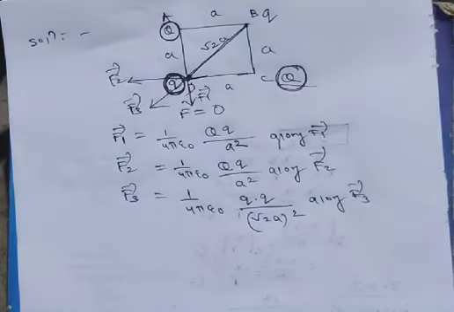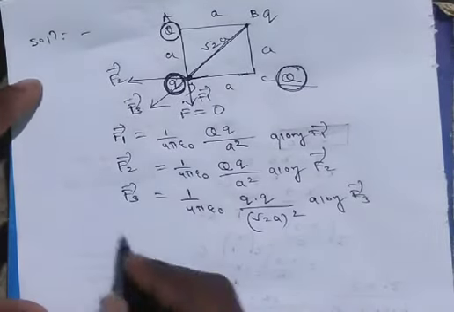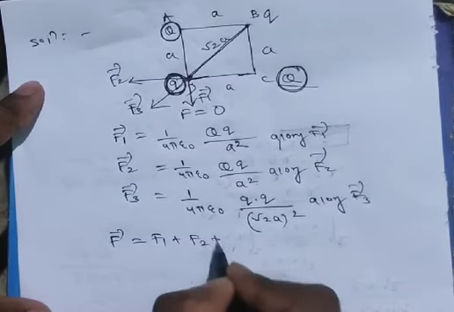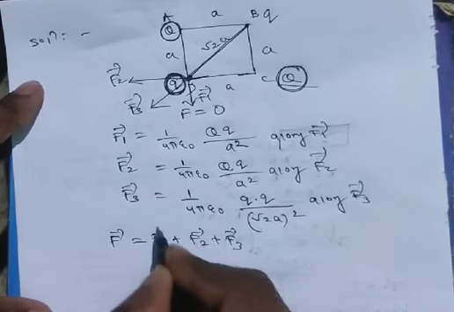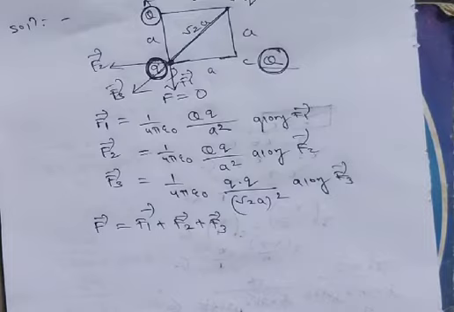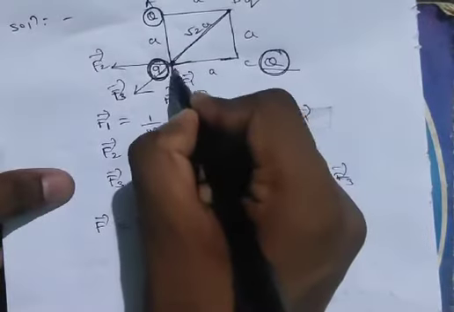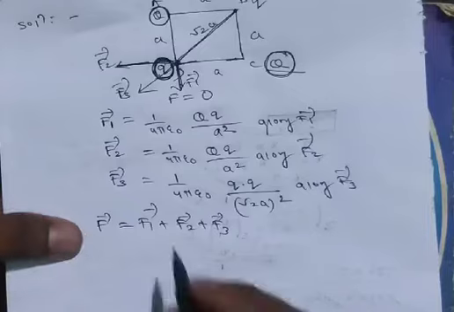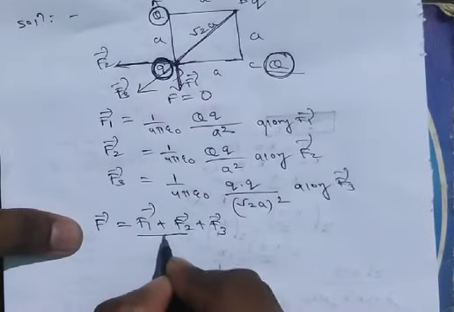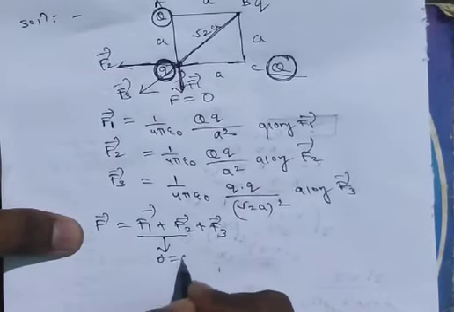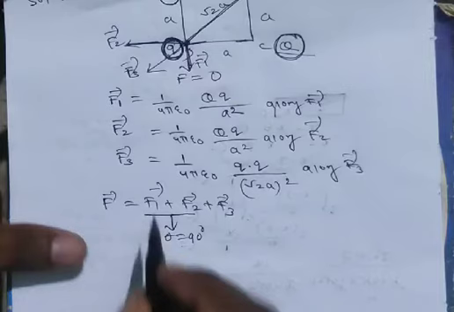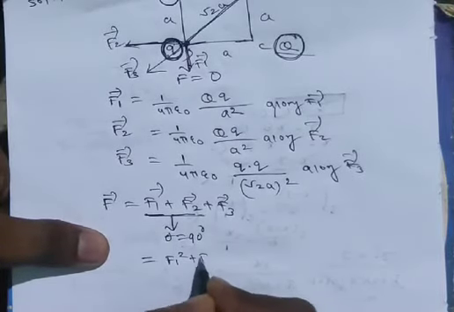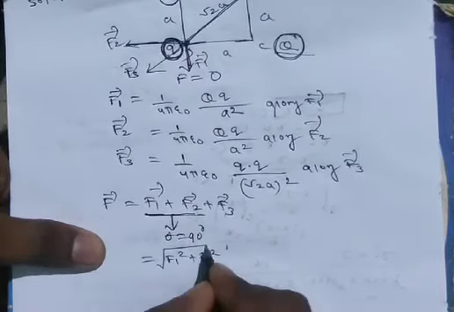Now the net resultant force on small q will be the vector sum of the three forces F1, F2, F3. See, the angle between F1 and F2 is 90 degrees, so their resultant force will be square root of F1 square plus F2 square.